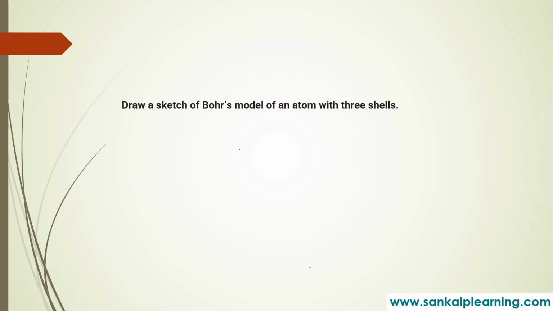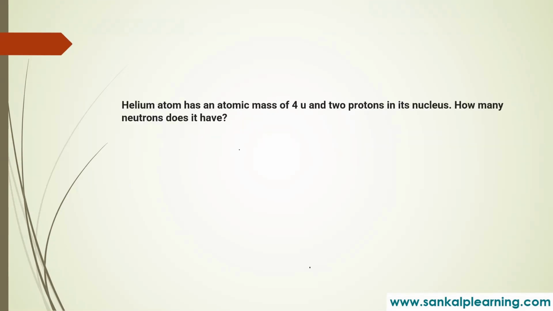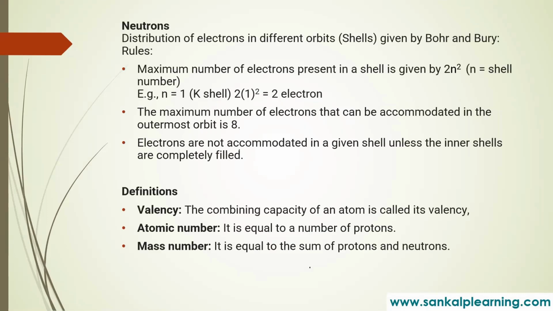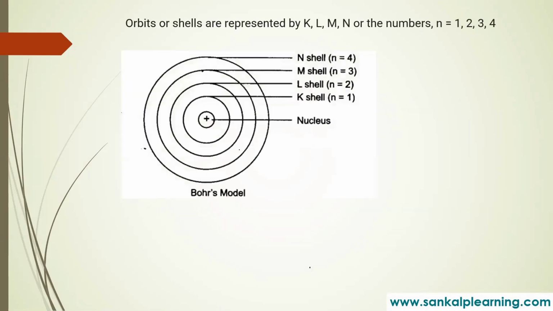I hope you remember this one. You can see here, I'll show you. They have asked only up to 3 shells, so we can show it up to the K, L, M shells. Okay? That is the Bohr model of an atom, right? Next.